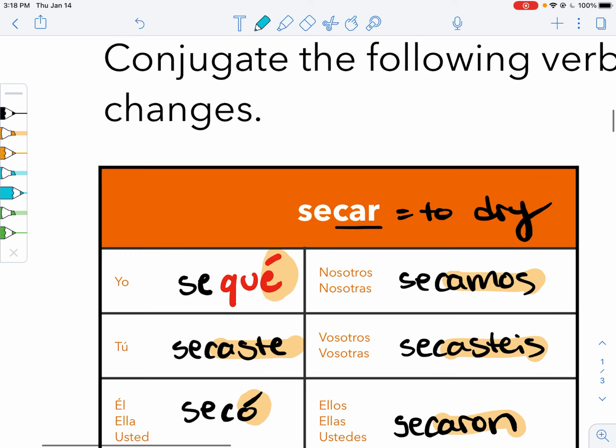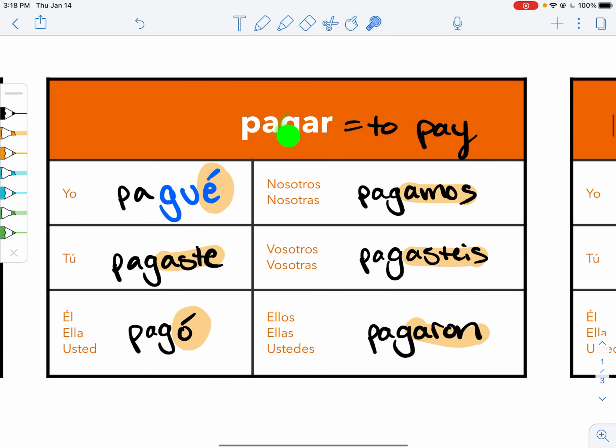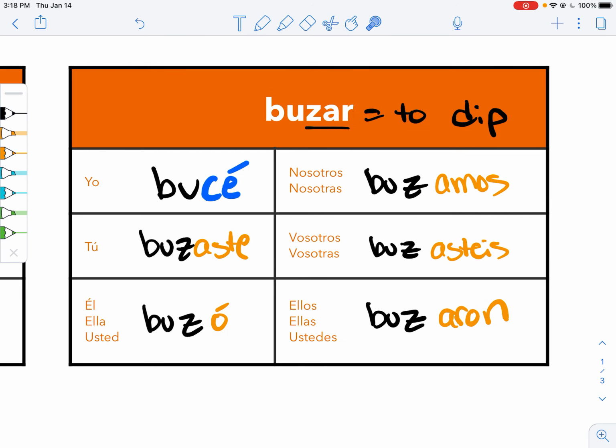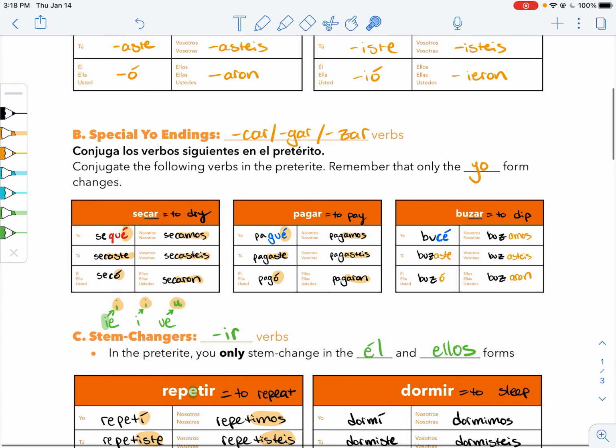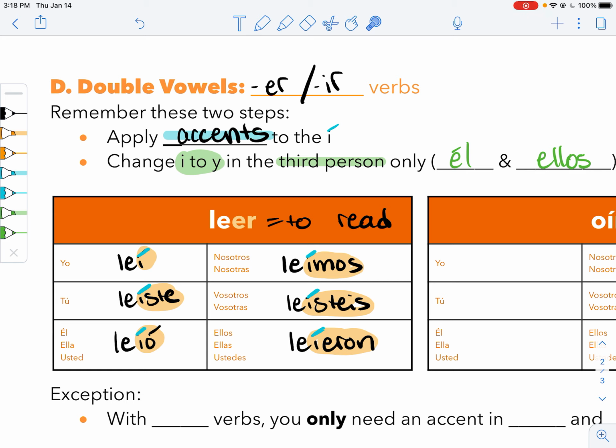The reason we changed that is because we want to maintain our k sound, sacar, saqué. We want to maintain the g sound, pagar, pagué. We want to maintain the s sound, buscar, busqué. Okay? Same thing down here. We want to maintain that E sound. And I is weaker. It's a weak vowel. It's not strong. So we got to give it the extra little oomph of an accent.